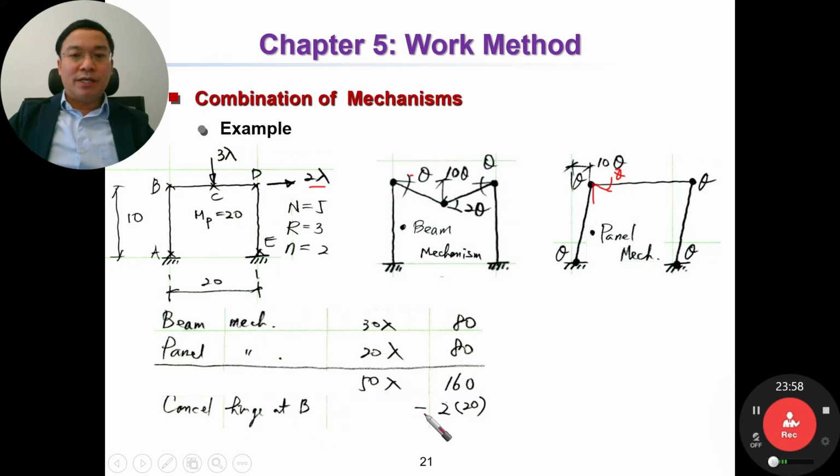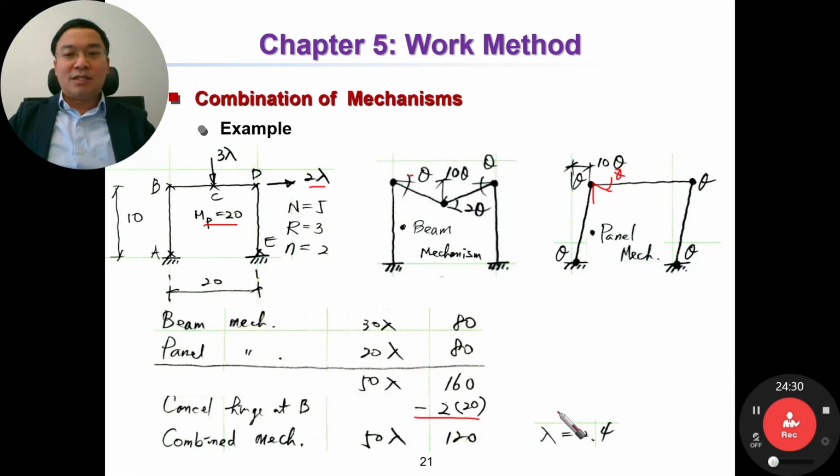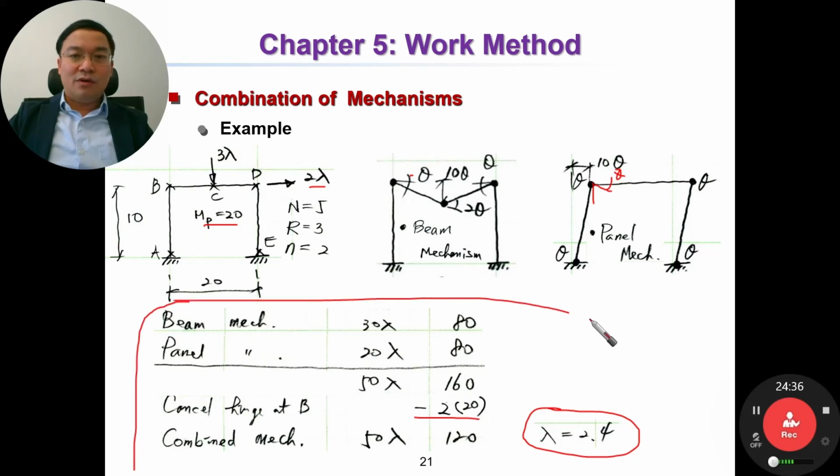Then hinge B: minus 2 multiplied by 20, where 20 is Mp and 2 is the angle. Then for the combined mechanism we have 50 lambda and 120 lambda. Finally we have lambda equal to 2.4. That is the final solution. So you can use this procedure for your analysis.